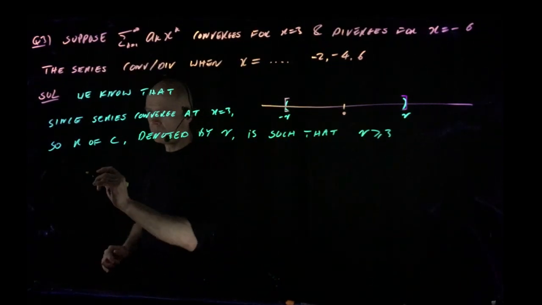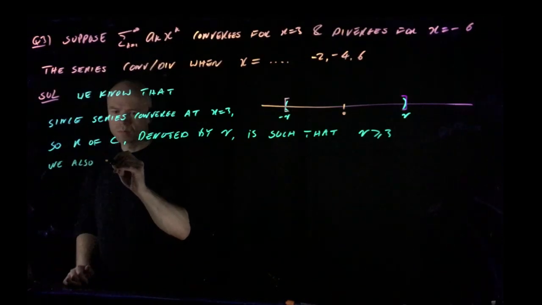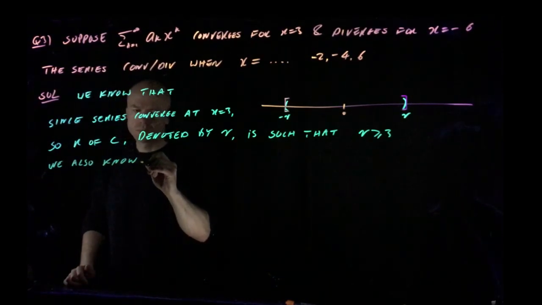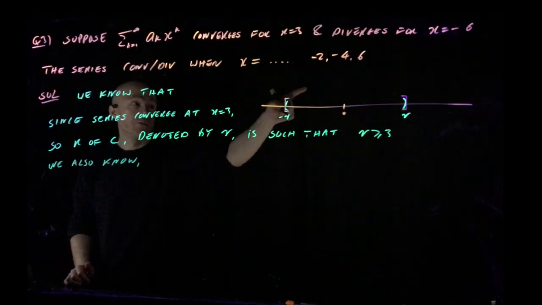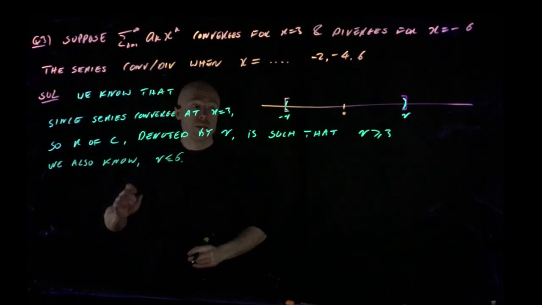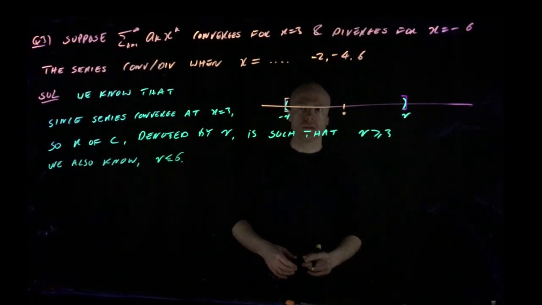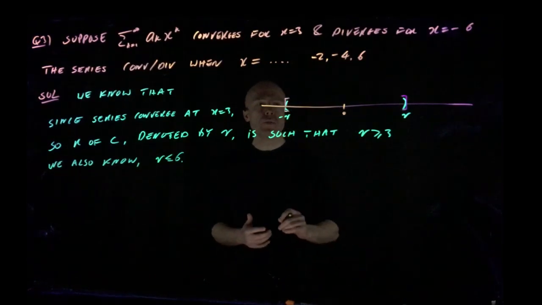We also know, because it diverges when x equals minus 6, that r is less than or equal to 6. And that is all that we know about r. That's all the information we can deduce. Okay? But r is definitely bigger than or equal to 3.